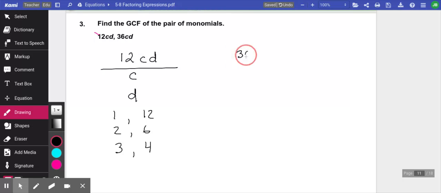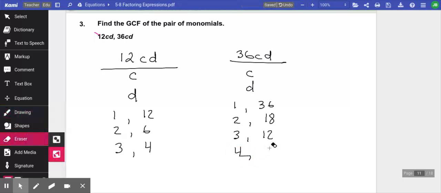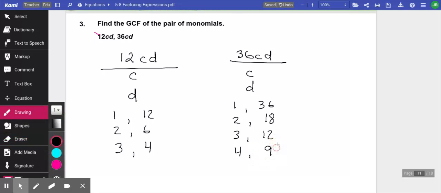For 36CD, we have C and D, 1 times 36, 2 times 18, 3 times 12, 4 times 9, and 6 times 6.